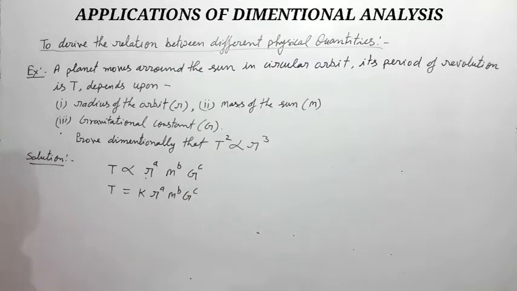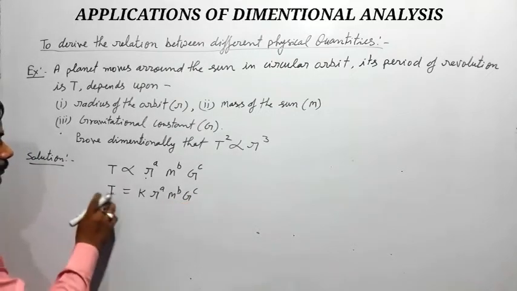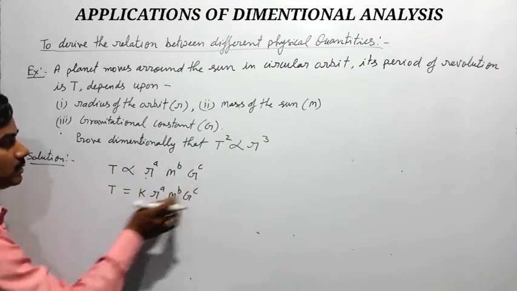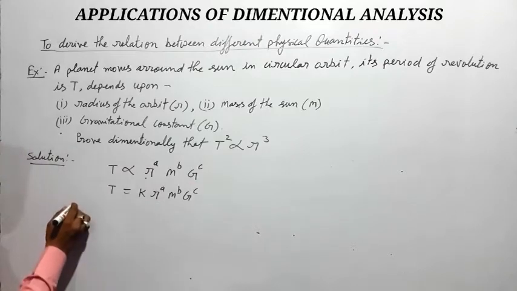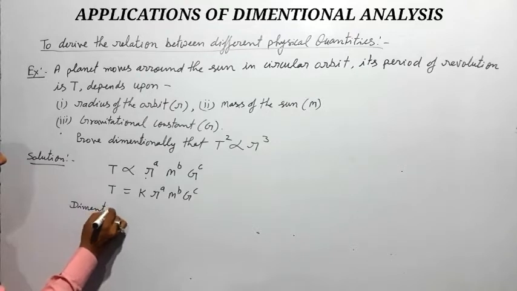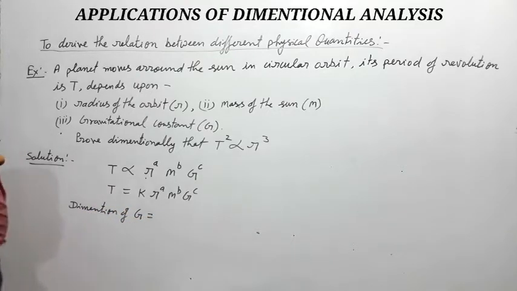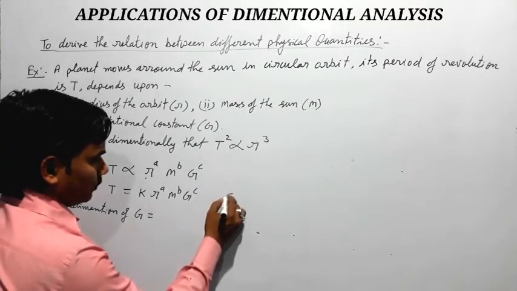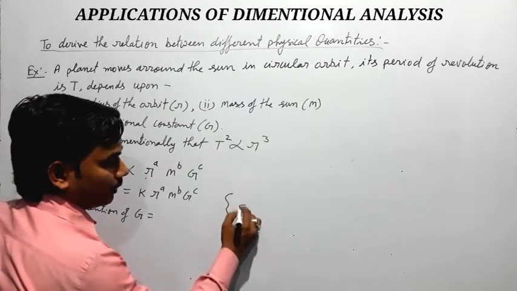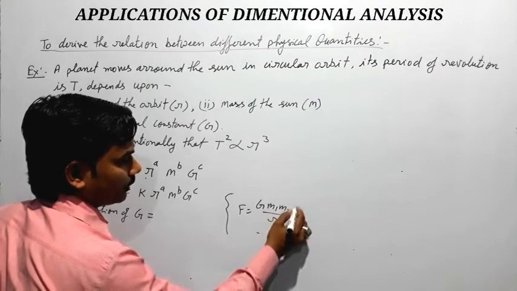Now we have to calculate the dimension of G, because there will be a requirement for the dimensions of all these physical quantities. So for the dimension of G, we have the formula from Newton's law of gravitation, that is F equals G m1 m2 upon r squared.